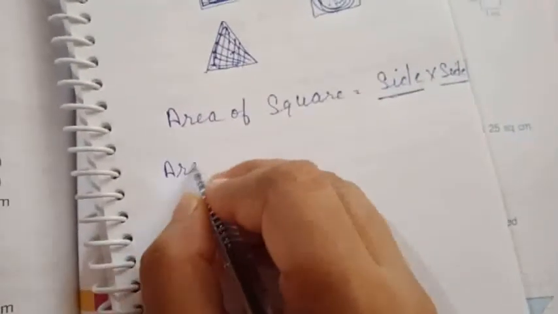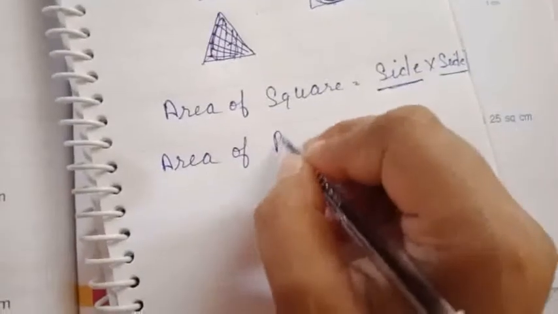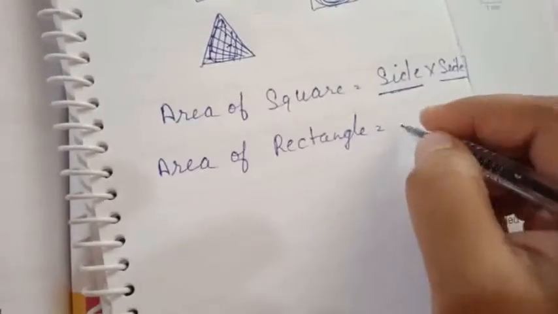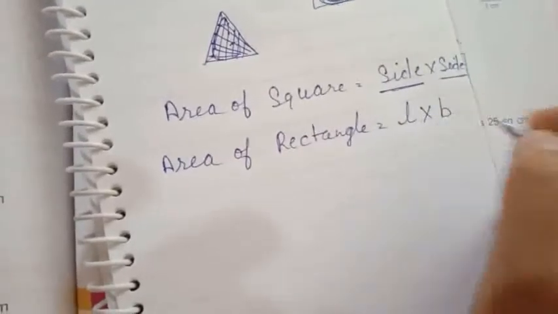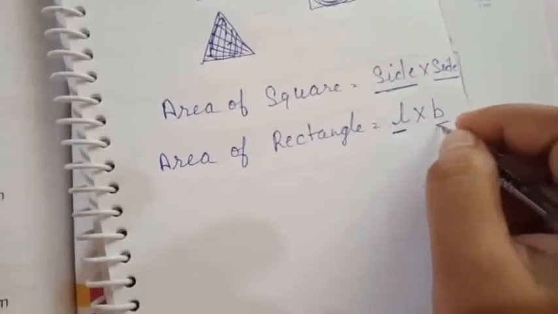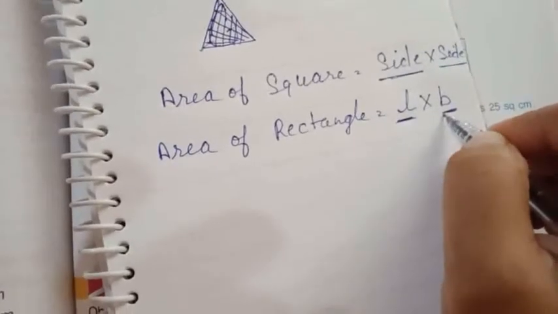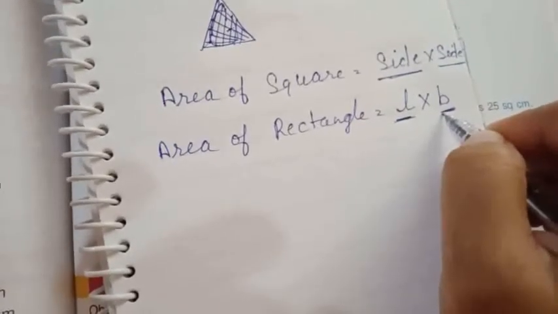If we have to find the area of a rectangle, length will be multiplied by breadth, where L is length and B is breadth. So the length of the rectangle will be multiplied by the breadth of the rectangle.